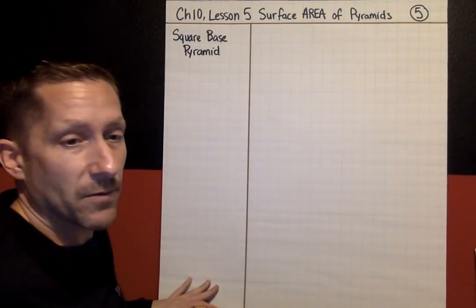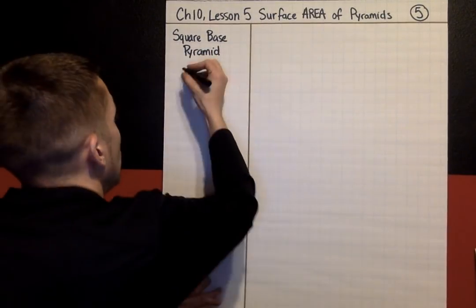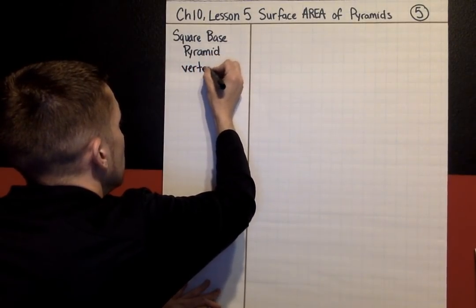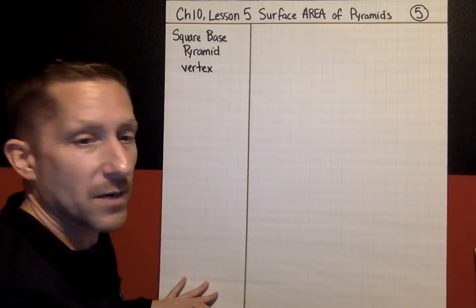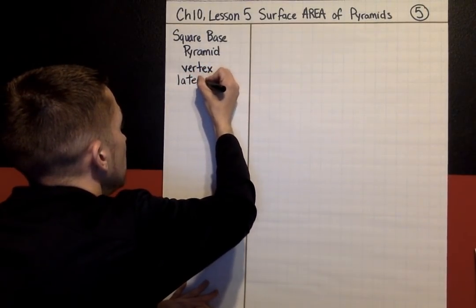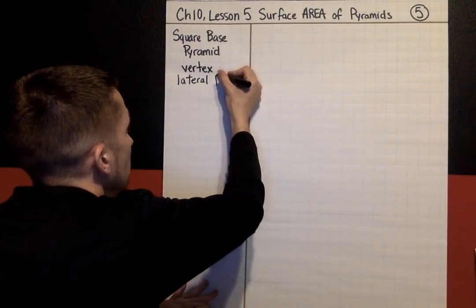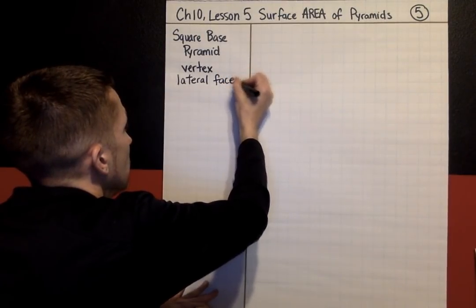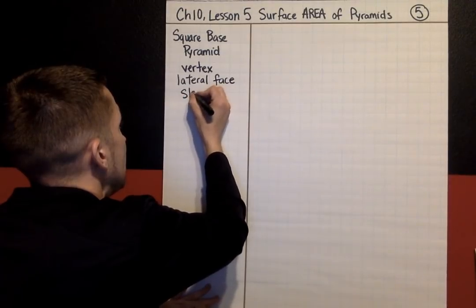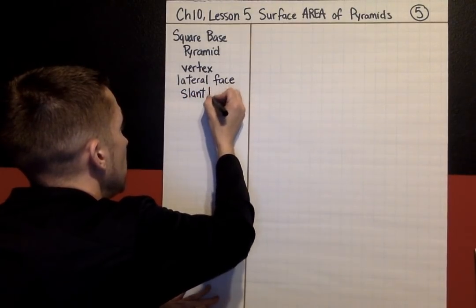And in our drawing, we're going to include what is a vertex, the vertex of a pyramid. We're going to talk about the lateral face of a pyramid. And we're going to talk about the slant height of a pyramid.